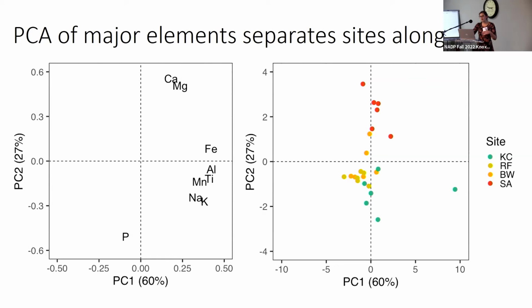And that PC2 is really dominated by calcium and magnesium on the urban side and phosphorus on the rural agricultural side. We're also seeing these suburban sites fit in the middle, which is interesting because in other cases, they're just falling down with the rural site as well.